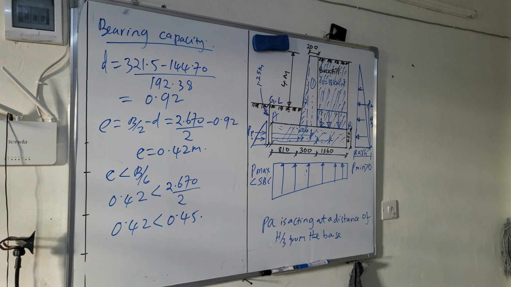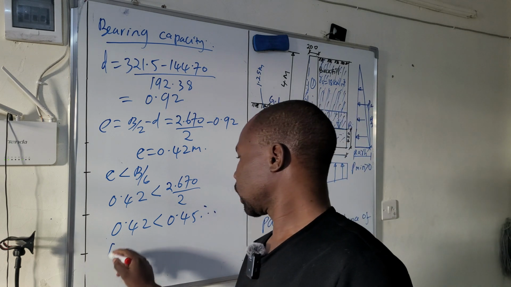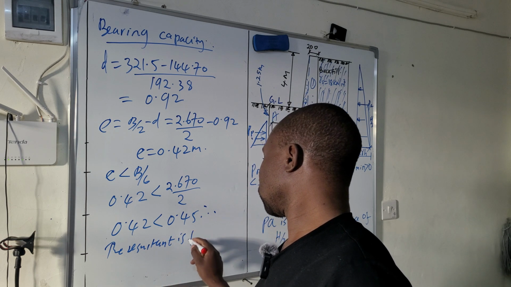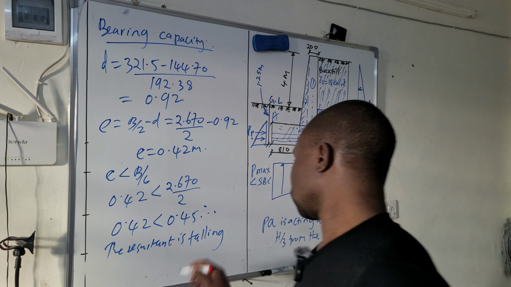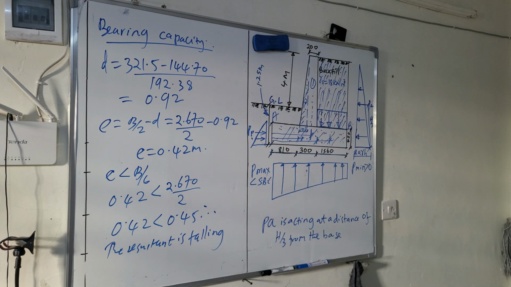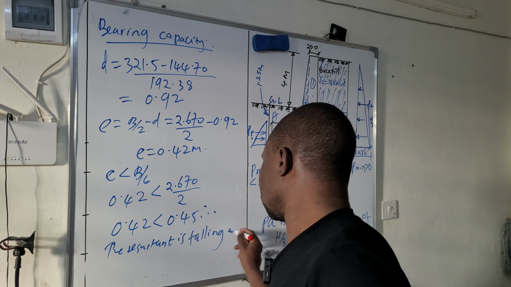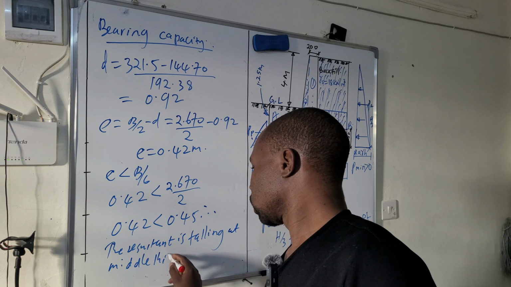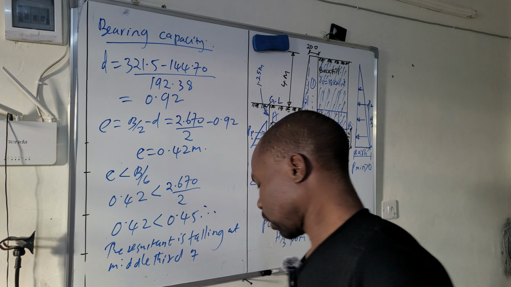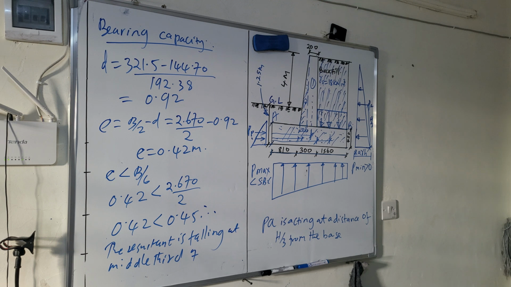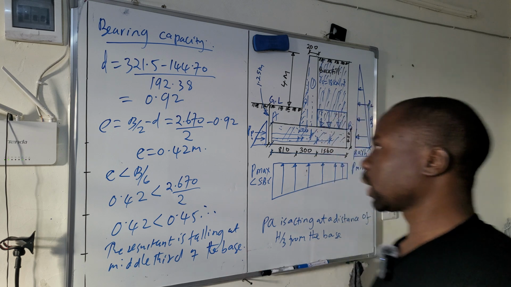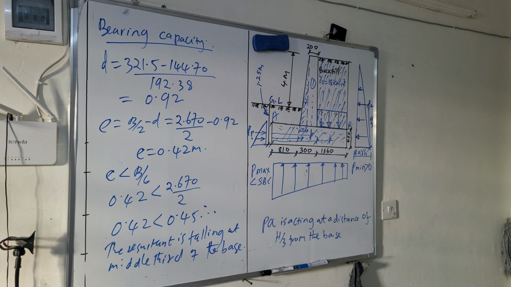So therefore, the resultant is falling at the middle third of the base. Like that. Now, let's proceed to the maximum pressure and minimum pressure.